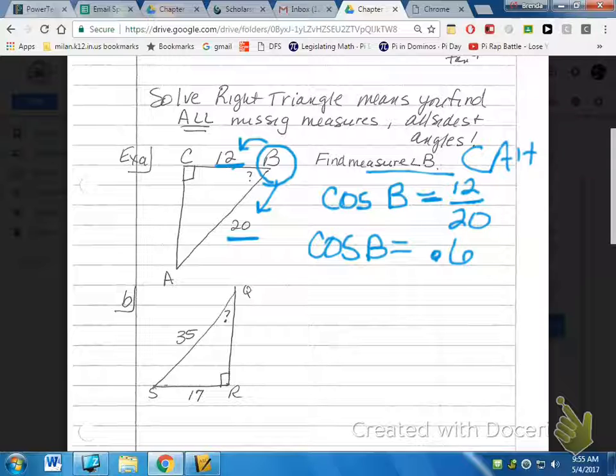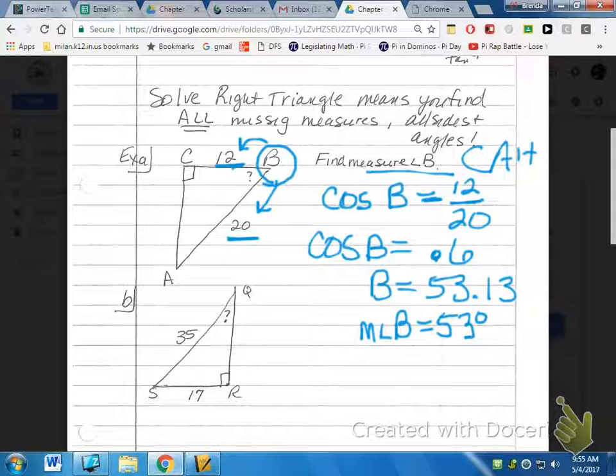We don't have the angle measure, so you use inverse cosine. On most calculators you would hit second function cosine, that puts that little -1, and in the parentheses 0.6 and equals, and it tells you 53.13, and you round to the nearest degree, so 53 degrees. You would say the measure of angle B is 53 degrees.